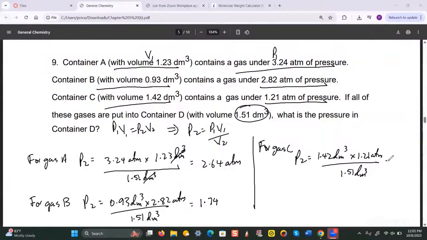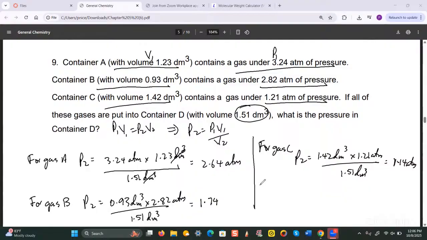And let's see what that gives. 1.42 times 1.21, and then divide by 1.51. According to my calculation, this works out to be equal to 1.14 atmospheres.